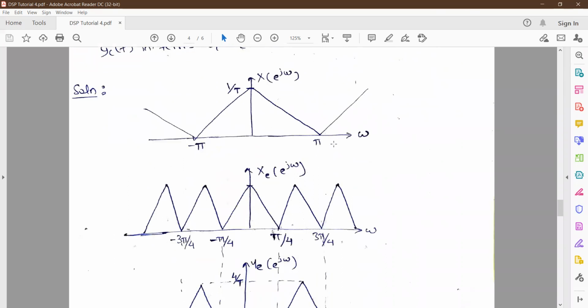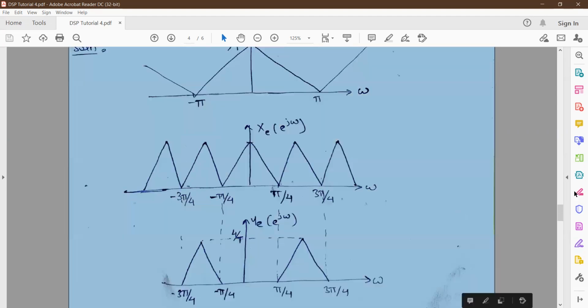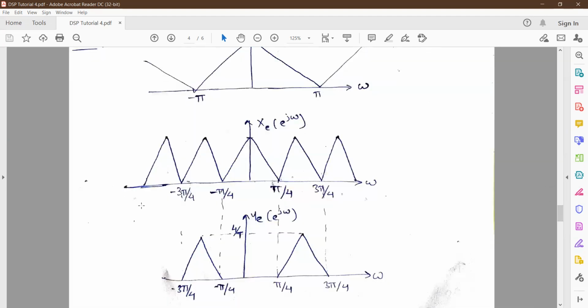So this part of the spectrum will appear in the output. As you can see here, this is the output.